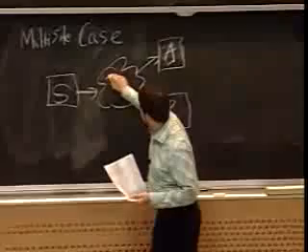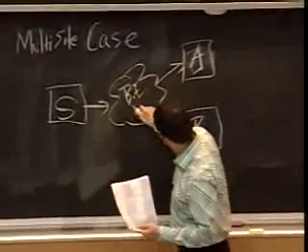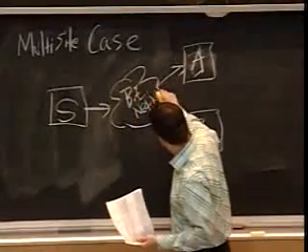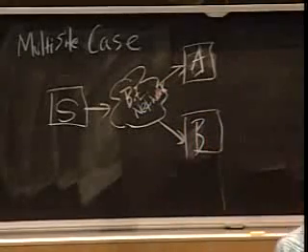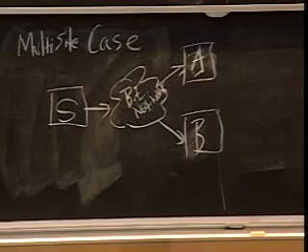Okay, and this is a best effort network. So it has all the problems that we talked about best effort networks having. It has congestion, it has delays, it can lose packets.